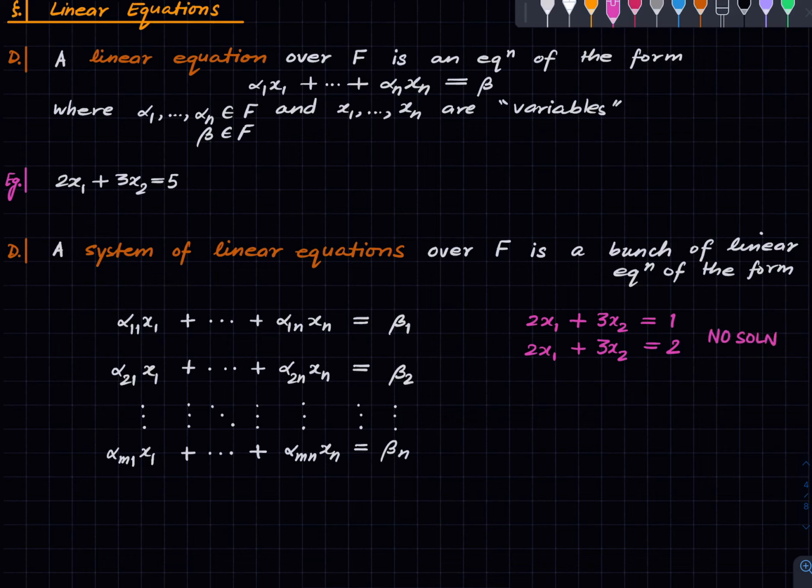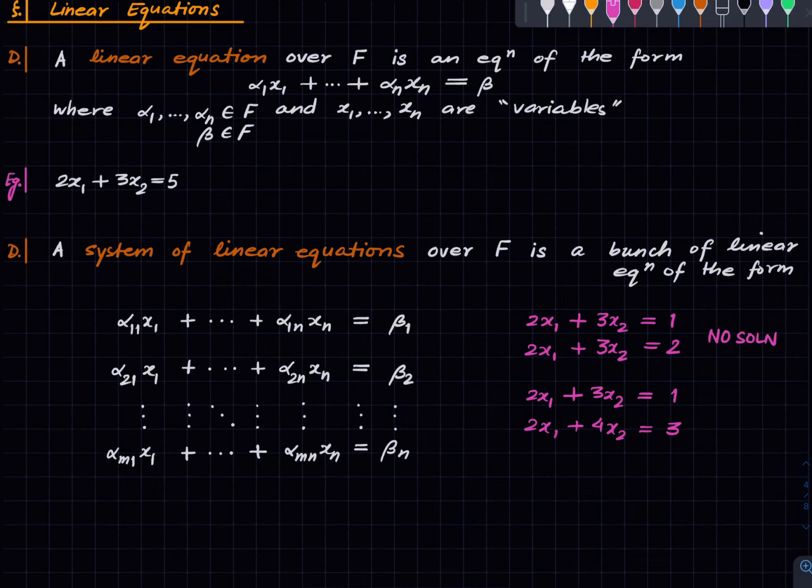Then you can have a unique solution. So why does this system have a unique solution? Simply because these represent two lines in the coordinate plane which are not parallel, and two distinct lines can intersect only at exactly one point, and therefore there is a unique solution to this system.